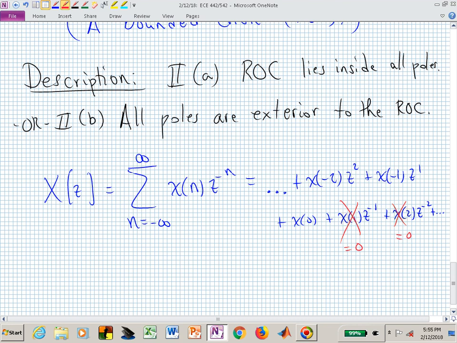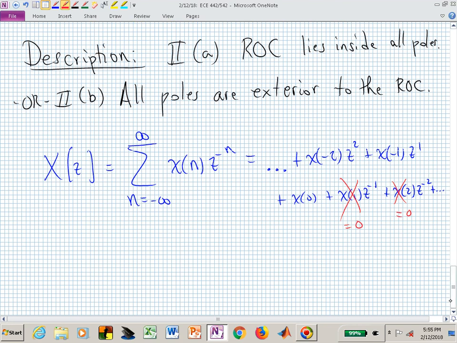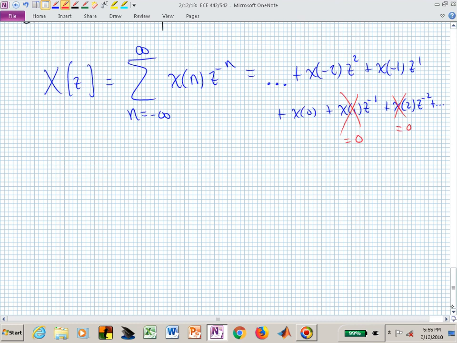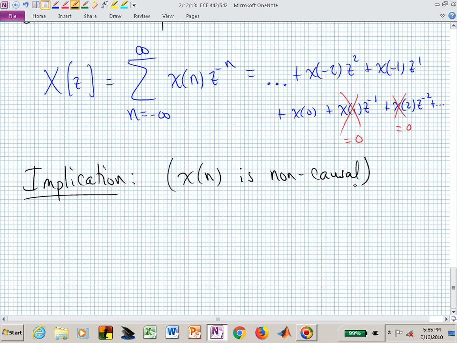Let me state the implication. The implication is that x of n is non-causal, or x of n is equal to 0 for all n greater than 0.